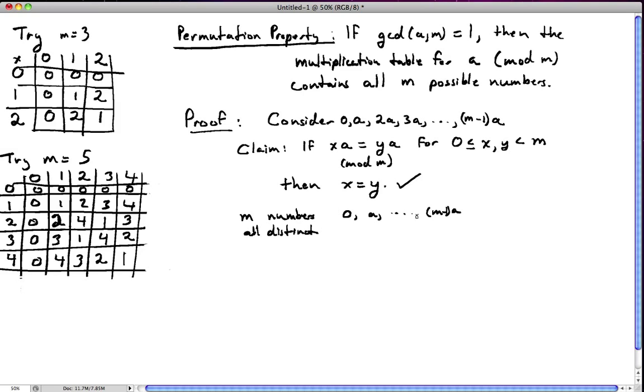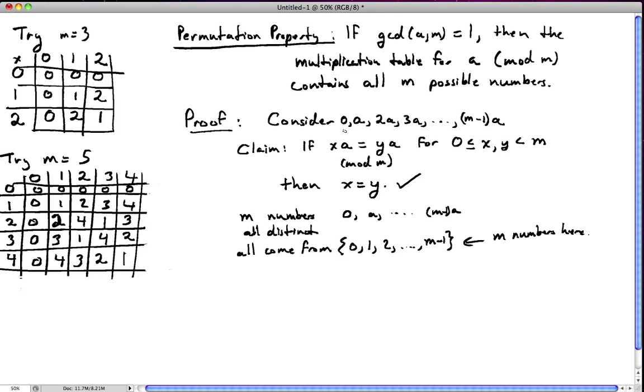Moreover, these M numbers all come from 0, 1, 2, all the way up to M minus 1. So we have M numbers, all distinct, all coming from 0, 1, 2, all the way up to M minus 1. How many numbers are there here? Well, there's exactly M numbers here. So it must in fact be all of them.